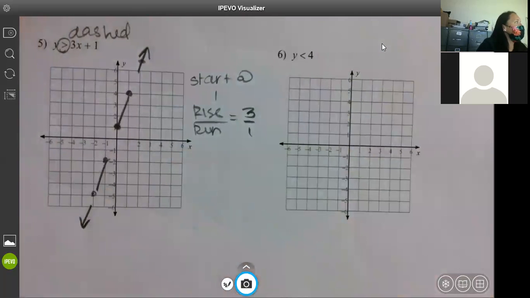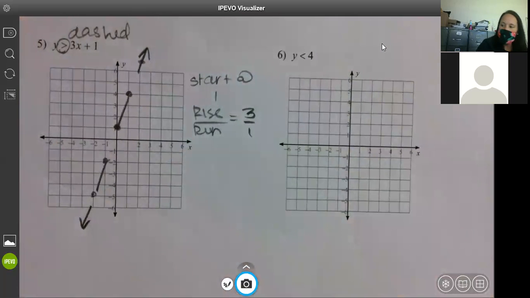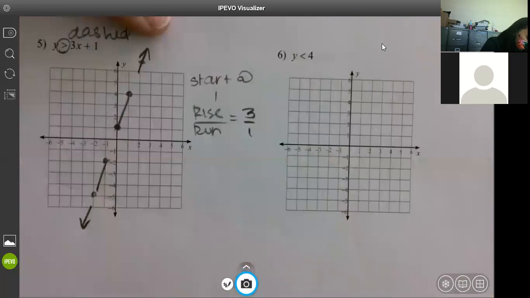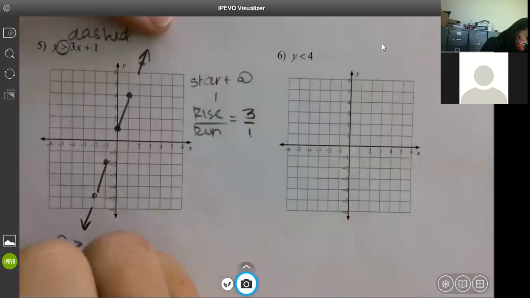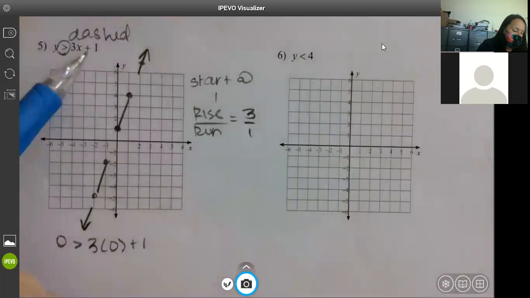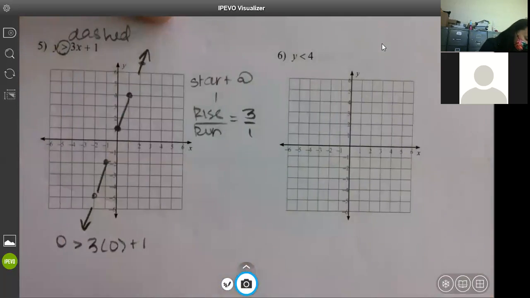Does it go through 0, 0? Nope. So we can use 0, 0. So 0 is greater than 3 times 0 plus 1. Again, I'm just plugging it back into the equation. What is 3 times 0 plus 1? Is 0 greater than 1?